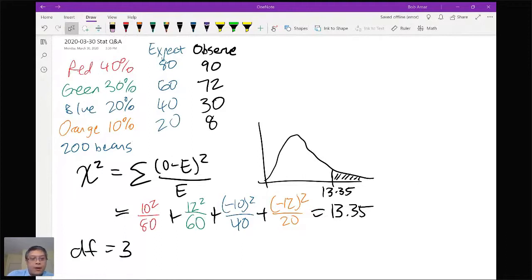All right, so what I want to do is move to the next question. We're looking at how to tell whether a problem is a difference of two means or a matched pair. So the question we've got here is matched pairs versus difference of means.